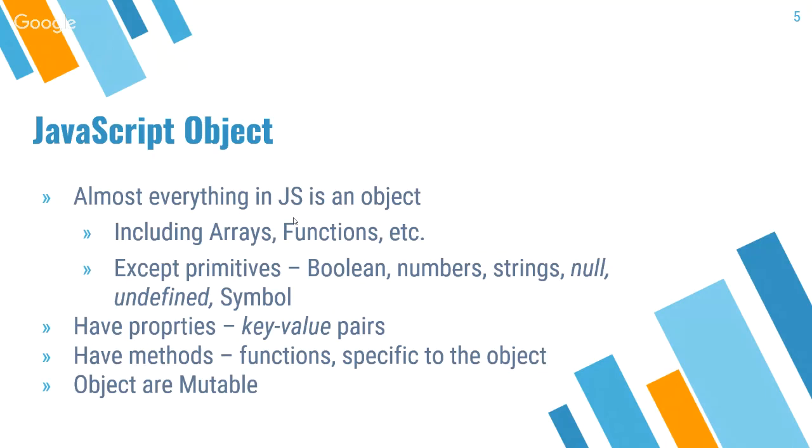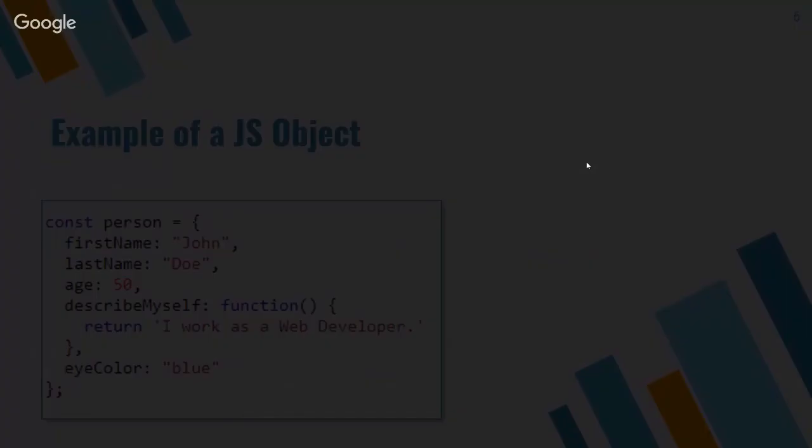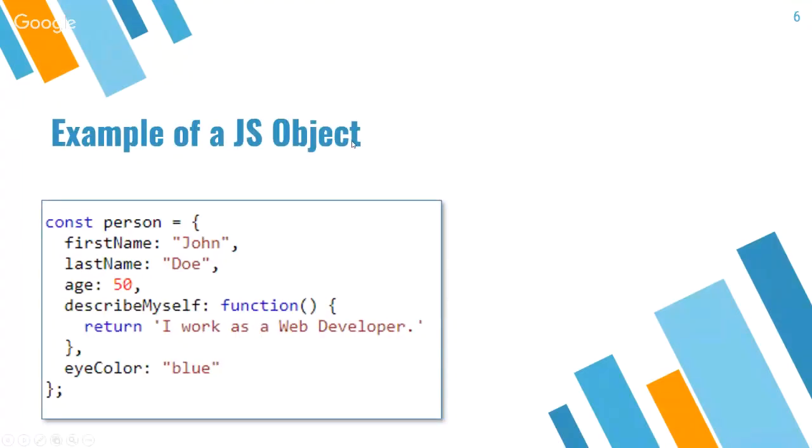So with this in mind, let's see an example of an object. Remember that objects are mutable. We can do whatever we want with them. And this is a simple JavaScript object. It has the name person. It has 4 properties.